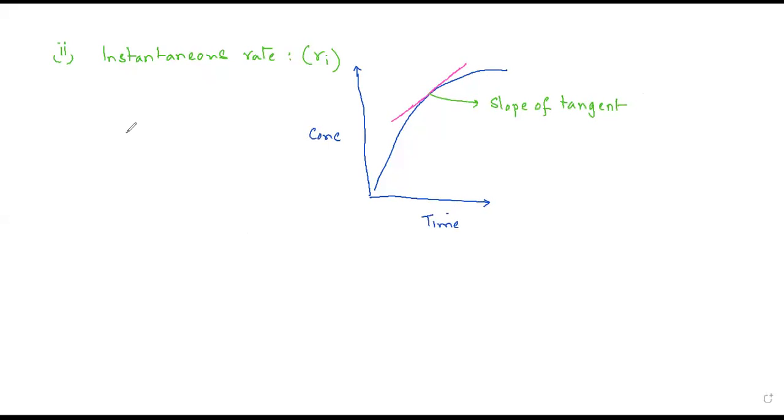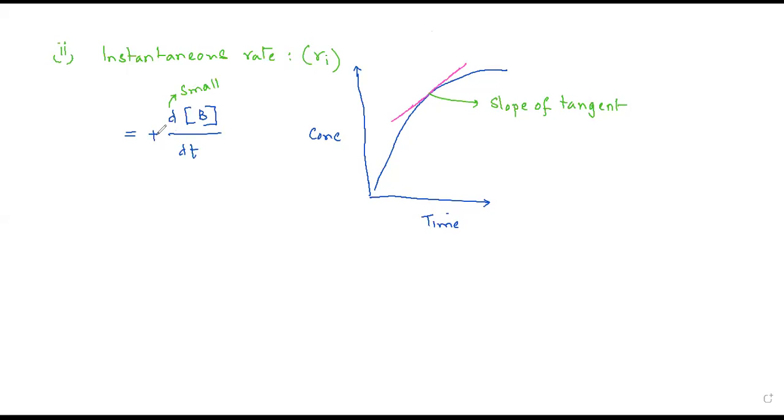So this can be given as dB by dt, where d refers to small change in the concentration of B in small interval of time dt, and of course plus, even that has to be written.